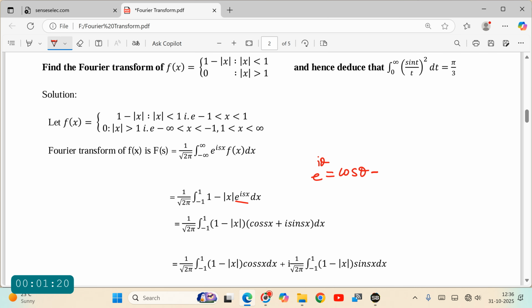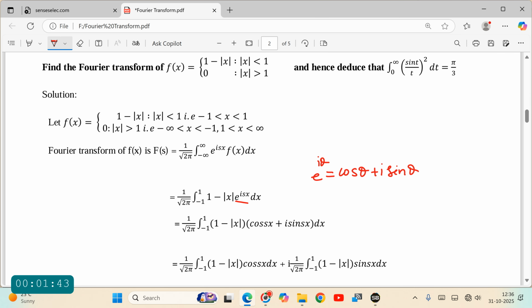Cos theta plus i sin theta. So in place of theta, here there is the function s into x. So expand e power isx in the form of cos sx plus i sin sx, into dx. Then in our next step, we split it into the cos sx as well as the sin sx.